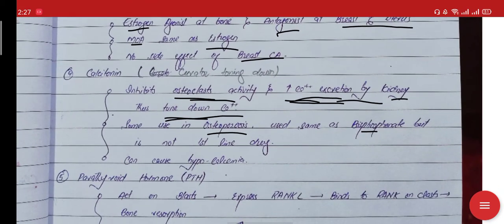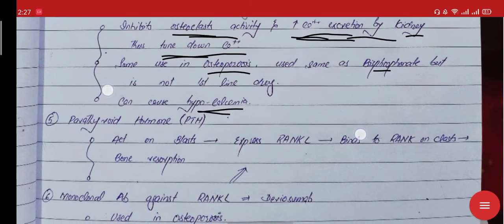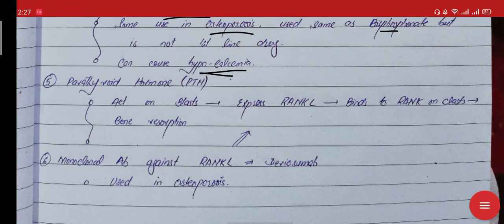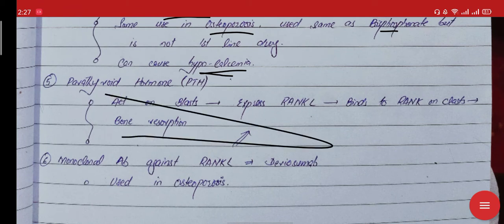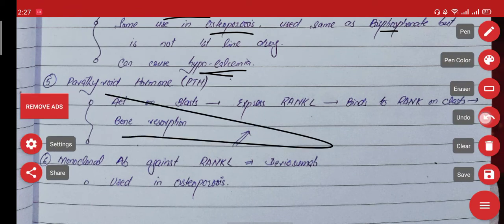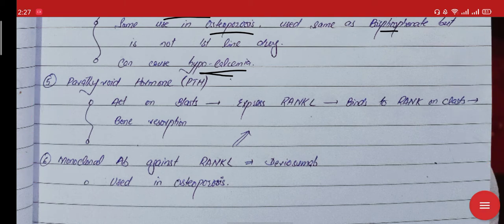In the treatment of hypercalcemia and Paget disease, you can use calcitonin as well, but the first line drug is the bisphosphonate. One side effect that it has is that it can cause hypocalcemia, since it tunes down calcium. Now the next thing that we have is parathyroid hormone.